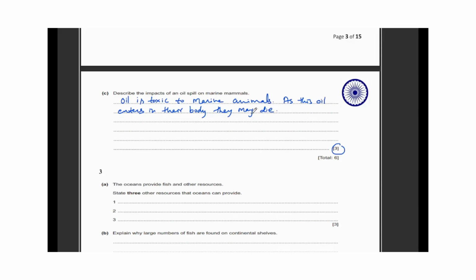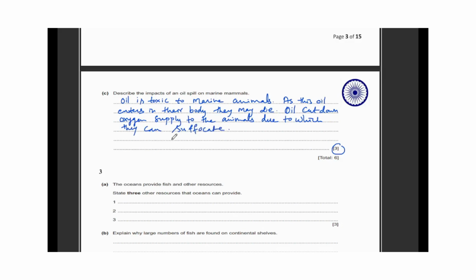Second thing, it's on marine mammals. Oil cuts down the oxygen supply to the animals, due to which they can suffocate.